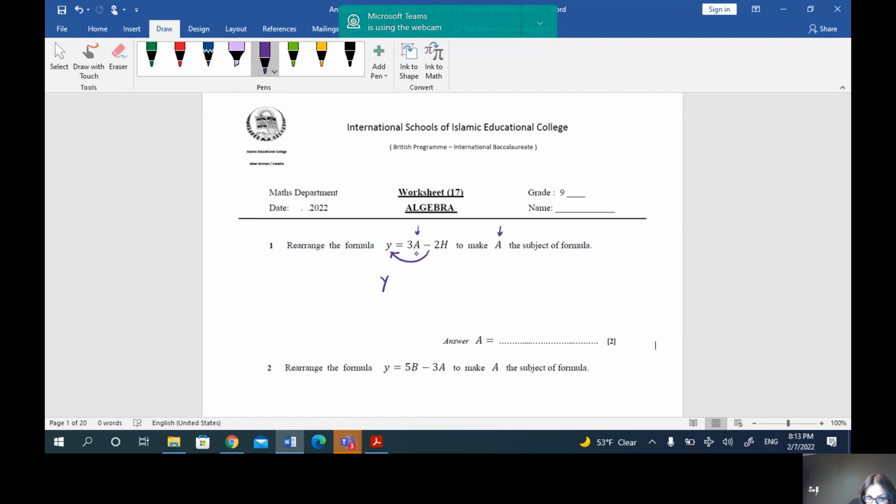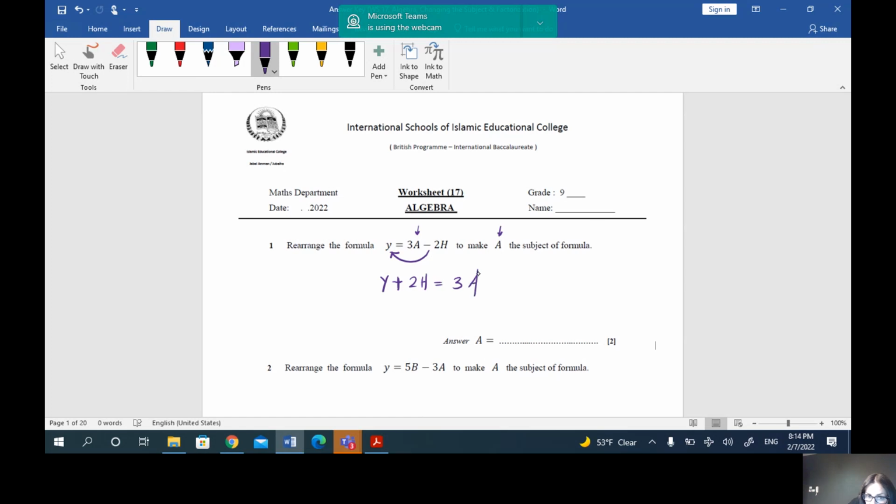When we transfer minus 2h over there, the sign is going to change. If we are transferring one term from one side of the formula to the other side, the sign is going to change. Plus 2h is equal to 3a.